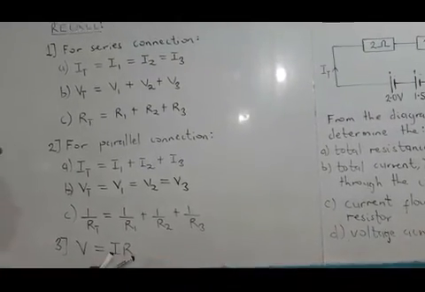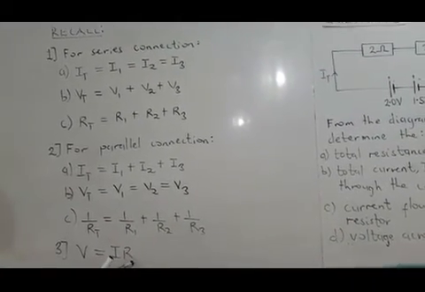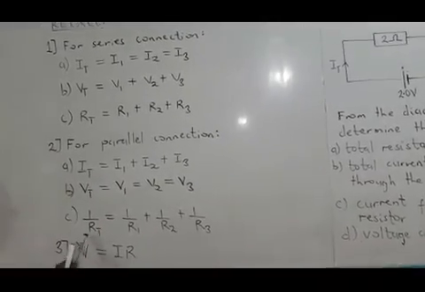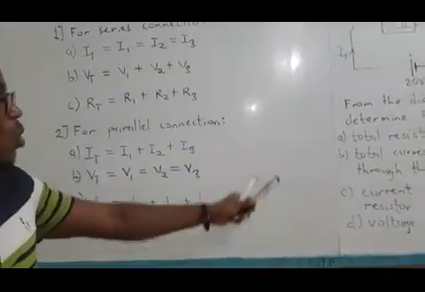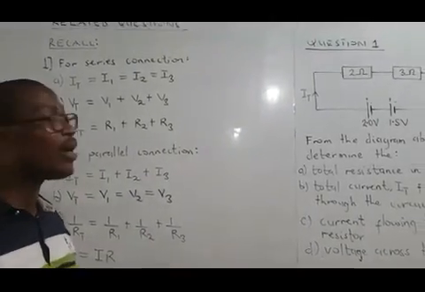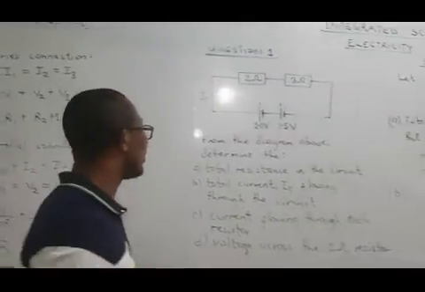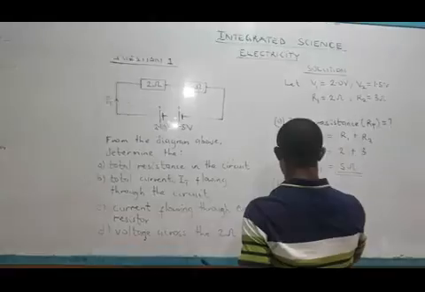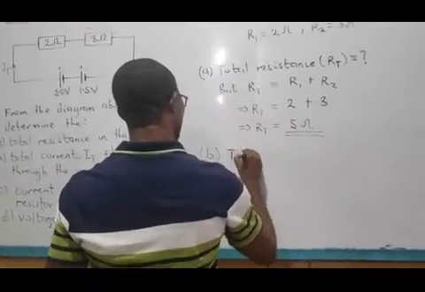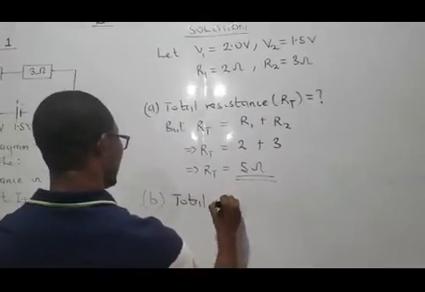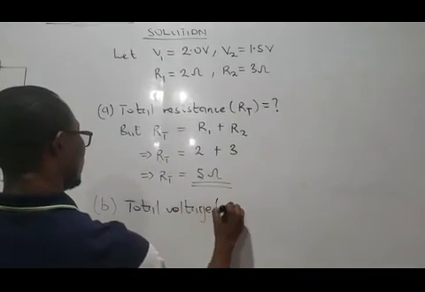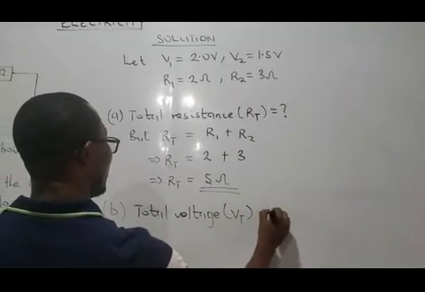We've already calculated the total resistance, RT. So we are supposed to find the total voltage. That was not asked in the question, but before we can find the total current, we need the total voltage. So we look for the total voltage in the circuit first. We don't know it.